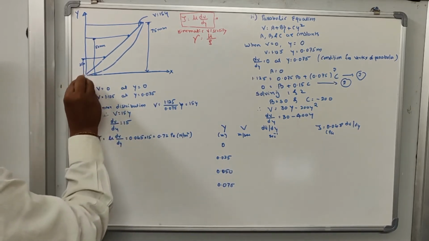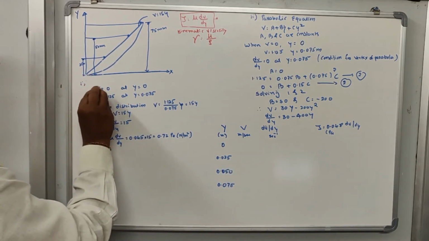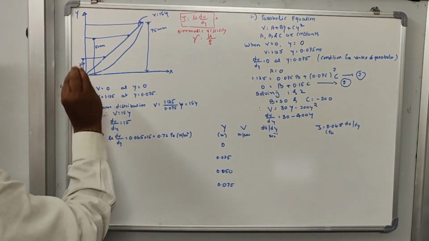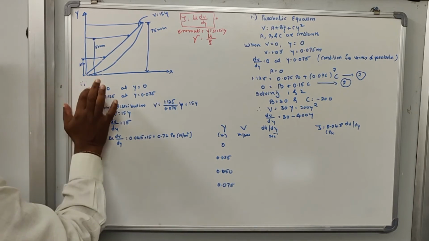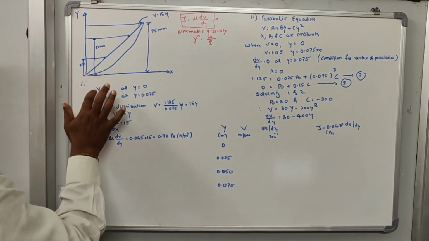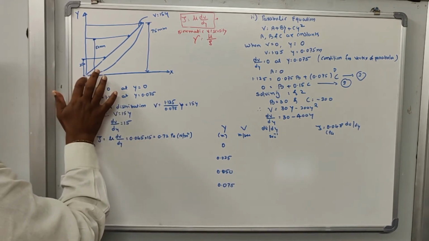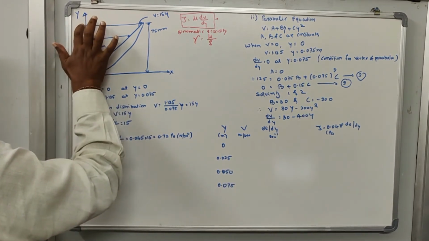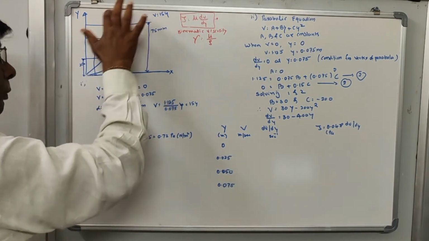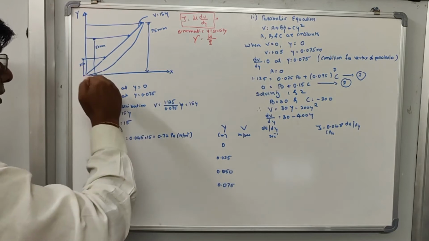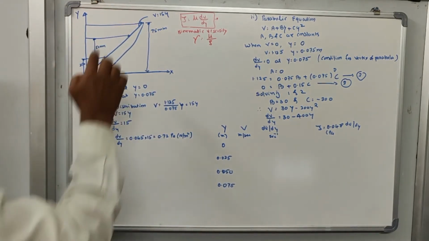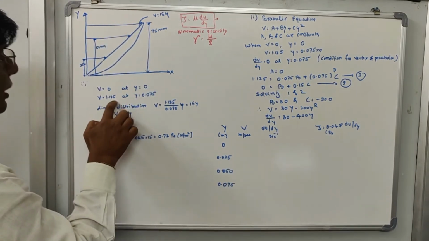So to solve this problem, you can use the initial conditions and boundary conditions given in the problem. The initial condition: when y is equal to 0, velocity is equal to 0. When y is equal to 75 mm, at that time the velocity is 1.125. It is given in the problem. So this is the boundary condition.